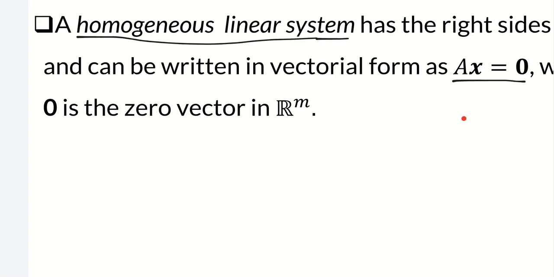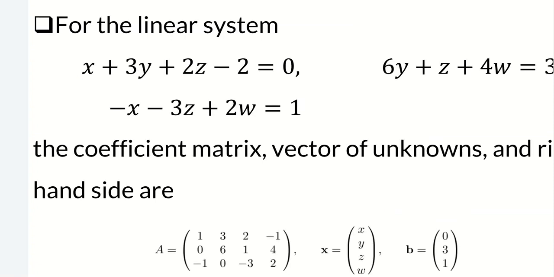So when you have your b to be 0, that system is known as what? Homogeneous. That is something that we're going to talk about today, which is very, very important to us. So when your b is equal to 0, it's known as a homogeneous linear system.